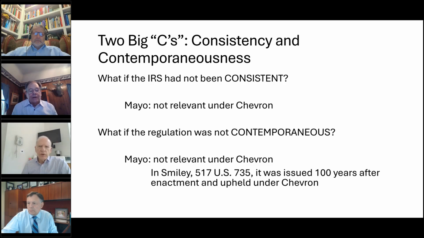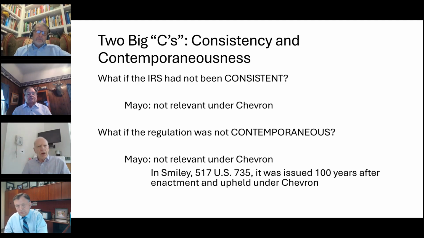Right. I mean, now, if you think about that, that gives the agency breathtaking authority. And we're going to see an example. I'm going to talk about some 2009 regulations in the estate tax area that will bring this home. But if you think about it, the IRS wakes up one day and says, you know, statute was enacted many years ago. Let's issue a new regulation that cuts our way.